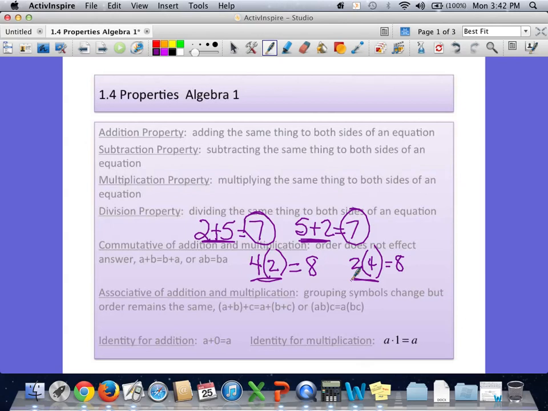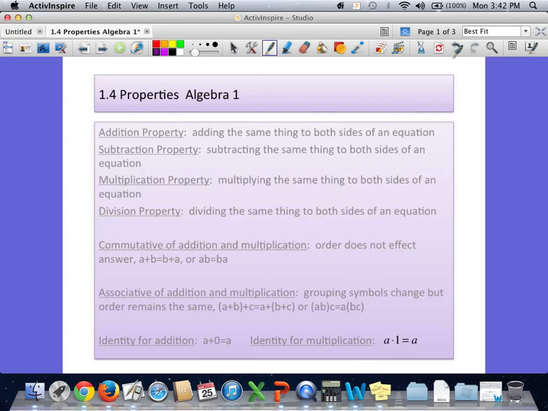The associative property of addition and multiplication is where you change the grouping symbols, but not the order. So, in other words, you have 2 plus 3 plus 5. You group the first two, that's still going to equal 2 plus 3 plus 5 with the last two grouped. 2 plus 3 over here is 5, plus 5 is 10.